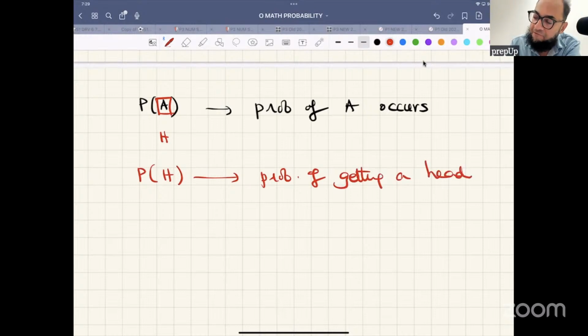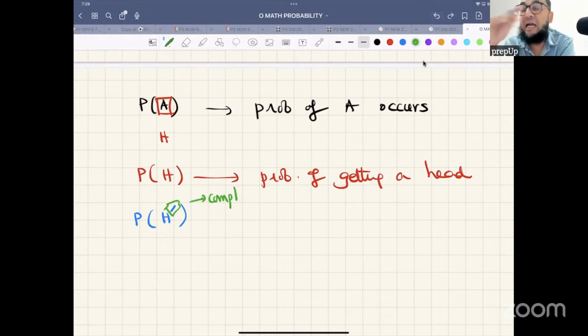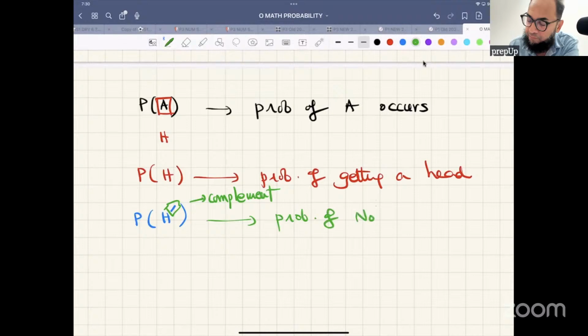And if I write probability of H complement, this thing over here is called complement, not the complement like 'I compliment you, I appreciate you', but the other one, like in complementary angles, the opposite kind of thing. So H complement means probability of not getting a head.